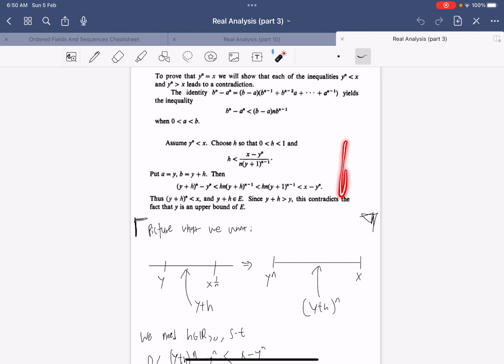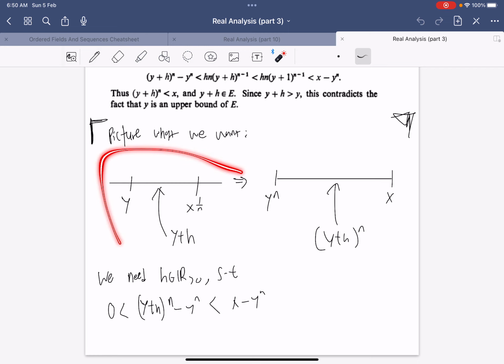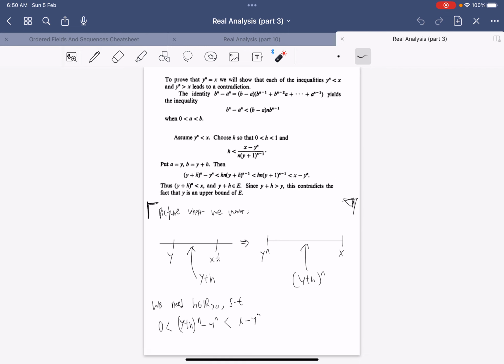So we see the proof, there's no worries, but we really want to think about how we get this choosing of h. So let's imagine that we have this picture over here, now being y less than x to the power 1 over n. What we want is to find some guy inside here such that when you take it to the power n, it will lie in between y to the power n and x.